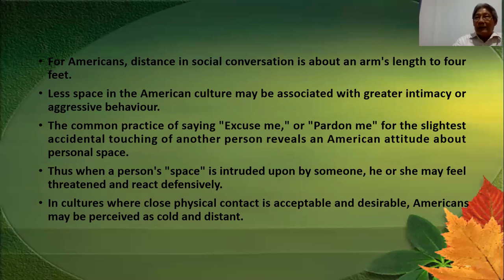So one of the persons in conversation may not clearly understand, may not clearly hear the discussion. He uses the phrase "excuse me, pardon me." In cultures where close physical contact is acceptable and desirable, Americans may be perceived as cool or distant. Better use distance for Americans.